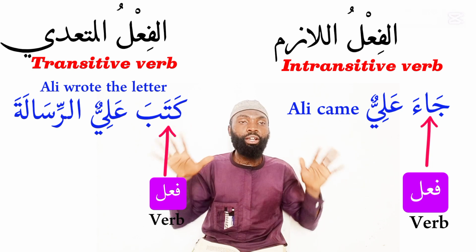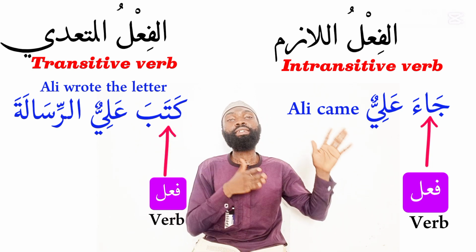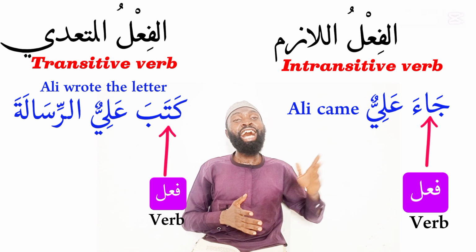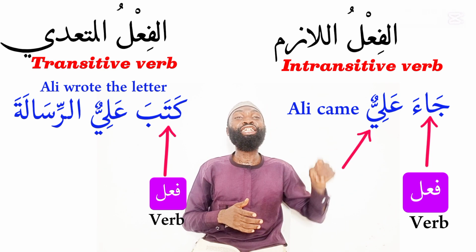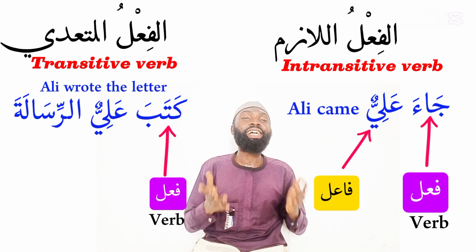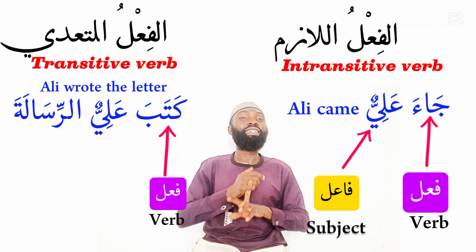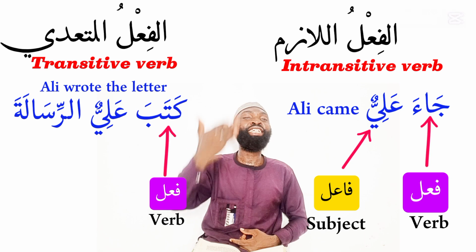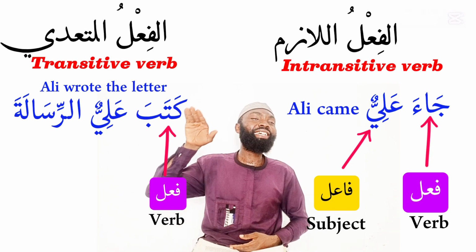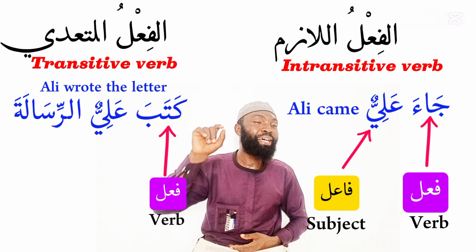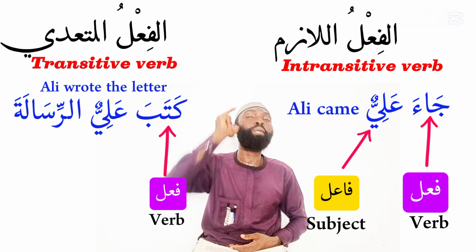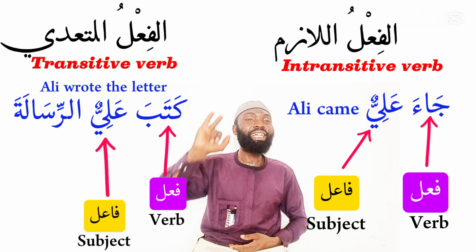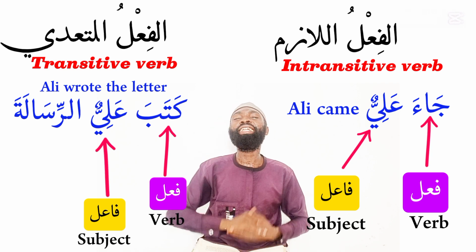The first sentence has a verb, Ja'a, and also Aliyun, which is the fa'il, the subject of the sentence, the performer of the action of coming. In the second sentence, we have the verb kataba, then Aliyun as the subject, also the fa'il.